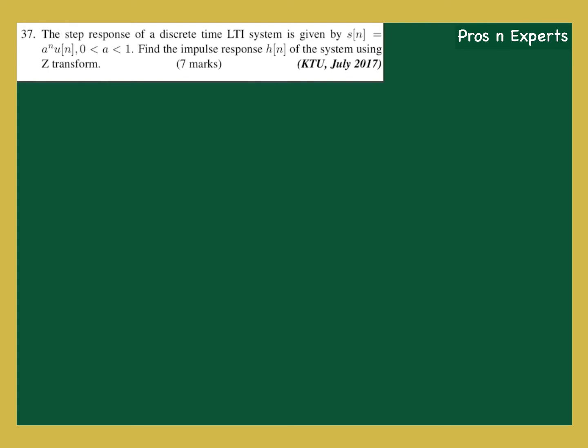Step response means immediately you can write the input signal x of n equal to unit step signal u of n. Therefore its Z transform is z by z minus 1, for mod z greater than 1. Now the step response s of n is the output of the system to the input step signal.